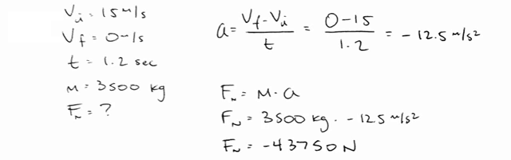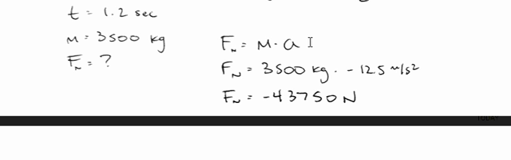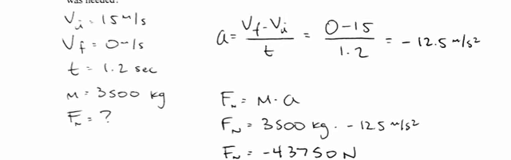So to find the net force, we have to say mass times acceleration. We have the mass of 3,500 kilograms. We don't have an acceleration yet, so we had to do this equation first. A equals VF minus VI over T, 0 minus 15 over 1.2, and you get a negative 12.5 meters per second squared. That negative is key. That indicates that the car is slowing down, it's stopping.